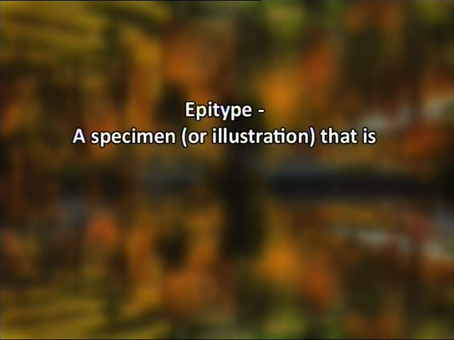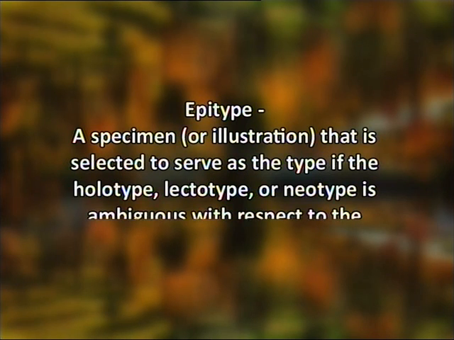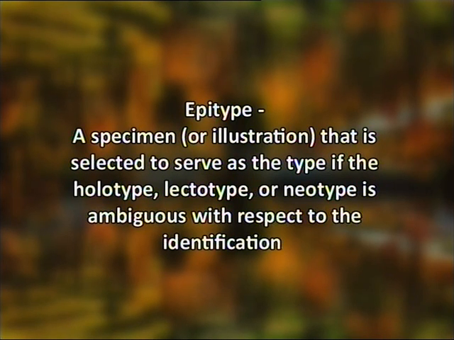Now we come to another type called epitype. An epitype is a specimen or illustration that is selected to serve as a type if the holotype, lectotype or neotype is ambiguous with respect to the identification and diagnosis of the taxon.